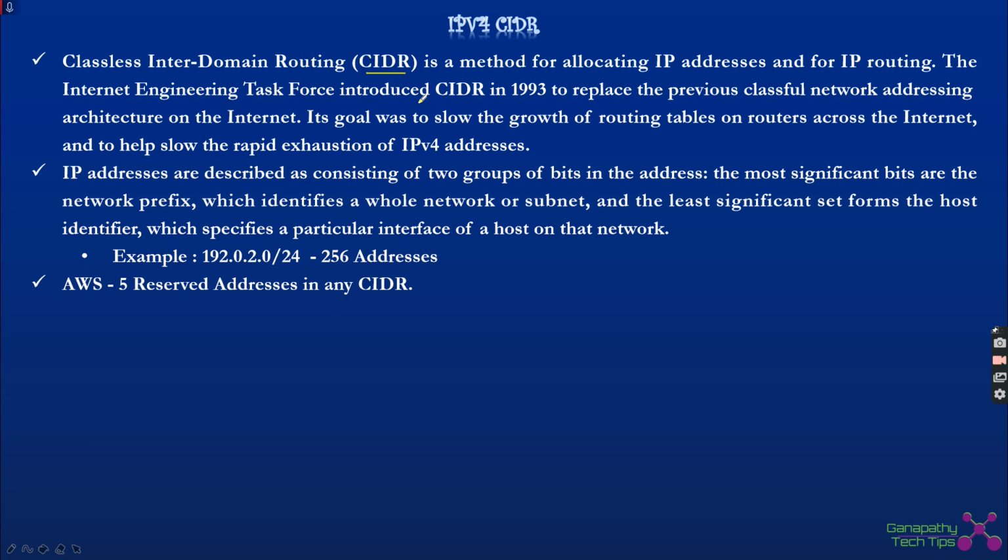It was introduced in 1993, as we already discussed, to avoid the slowness caused by the previous classful addresses and the rapid exhaustion of IPv4 addresses. It comprises 2 groups: the network prefix and the significant bits. We will discuss this extensively in the next part of this video.